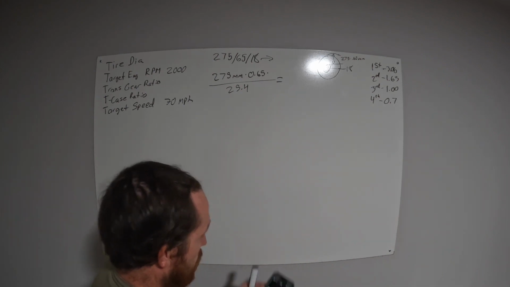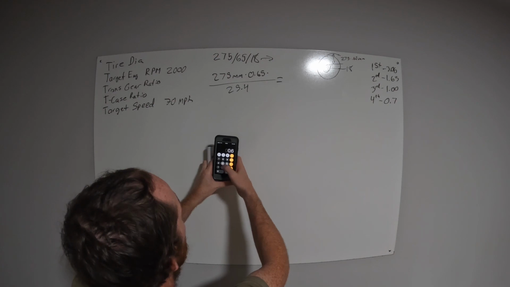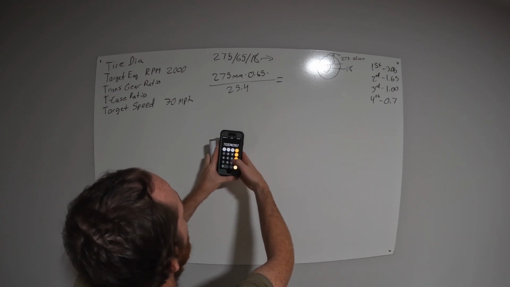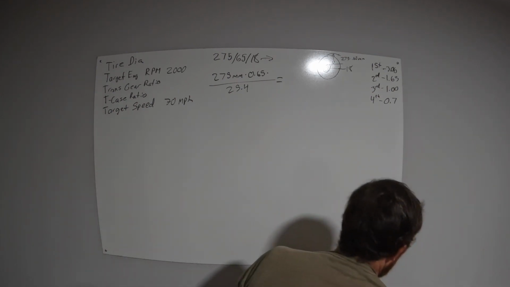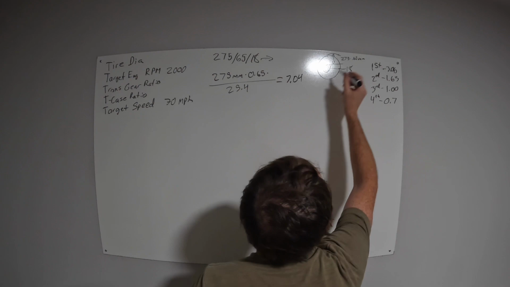So we take 275 times 0.65, which is equal to 178.75, divided by 25.4, which is equal to 7.037. So let's go 7.04.